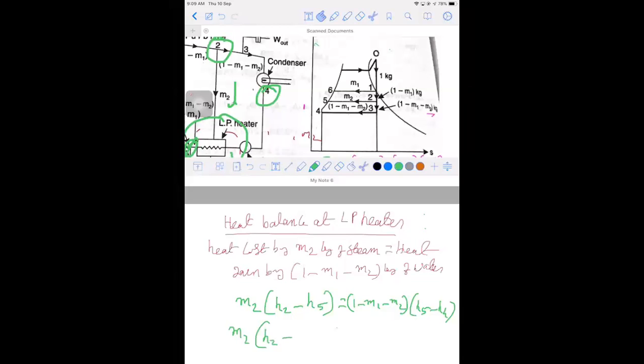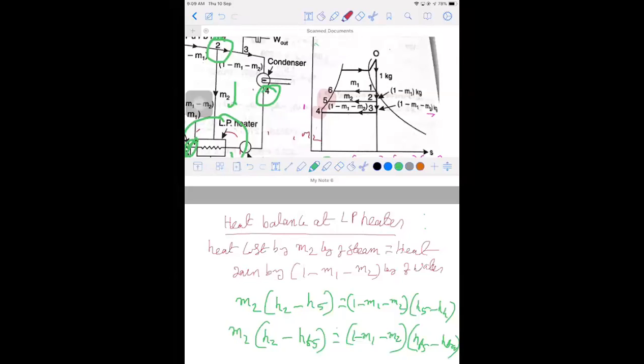And 5 is in liquid state, so H5 is HF5. Once again, 4 and 5 are both in liquid state. That's why in place of H5 minus H4, it will be HF5 minus HF4.